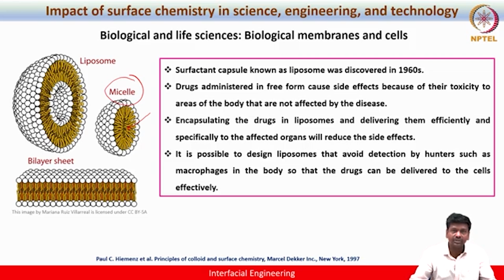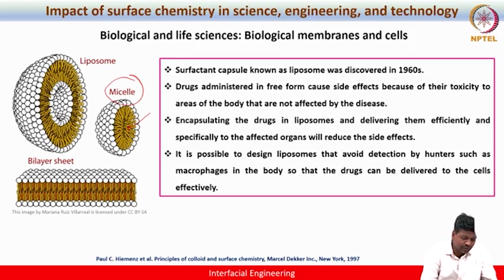The affinity towards oil-like substances will be very high in the case of a micelle. So it can trap organic molecules. This kind of structure is very useful in oil recovery, enhanced oil recovery and things like that.